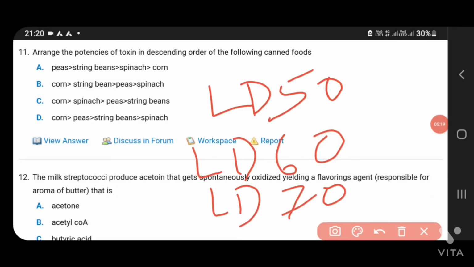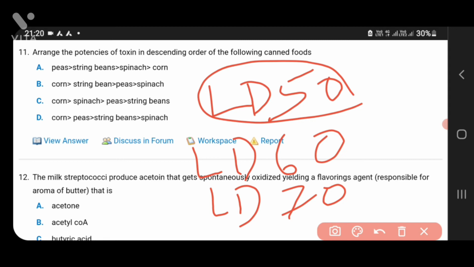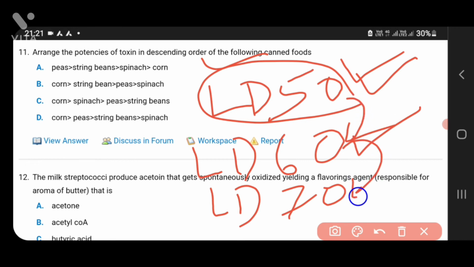If it is at 50, then it is more potent than 60, then 70. If it is 60, then it is lower potency. 70, then it is a little lower potency. Like that you can calculate.